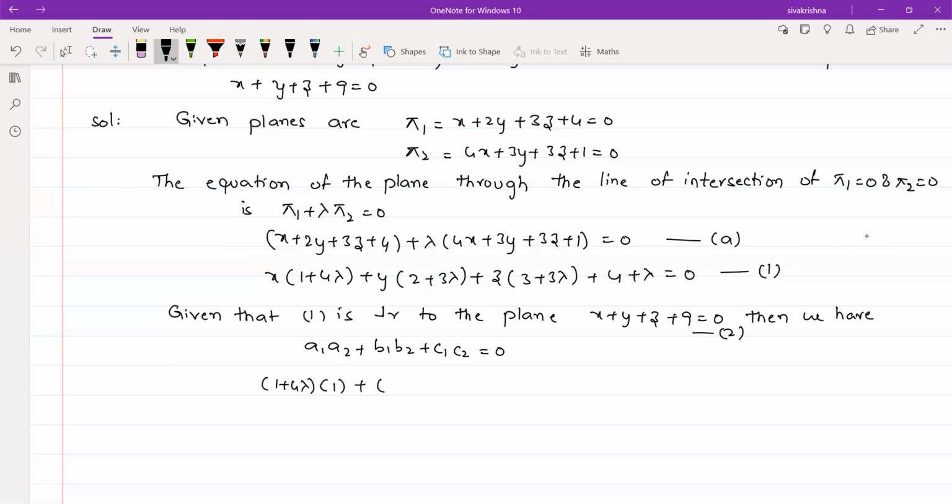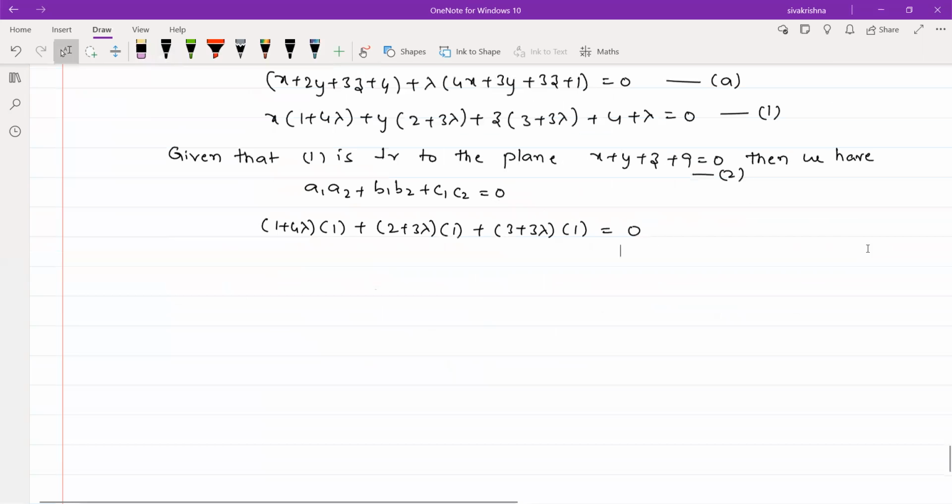Then 2 plus 3 lambda, the coefficient of y in equation 1, into the coefficient of y in equation 2, that is 1. Then the coefficient of z, 3 plus 3 lambda, into the coefficient of z in equation 2, which is 1, is equal to 0. So by using the condition we get this equation.